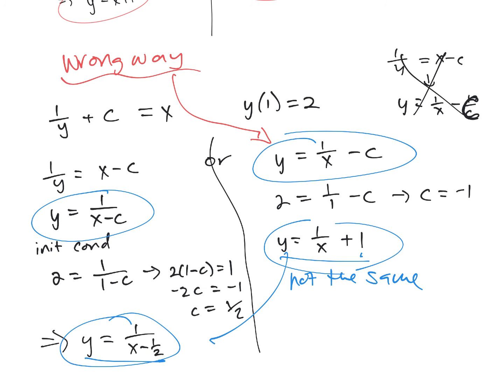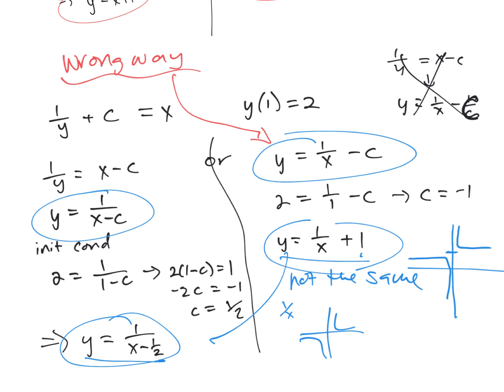And so you could even see that before we plugged in the initial condition, that this and this are obviously not the same. Okay, so I could graph this to be really explicit if I wanted. So 1 over x is like this, right? And then if I shifted up 1, remembering what you did in high school algebra with all of your shifts, you shift this up like this.